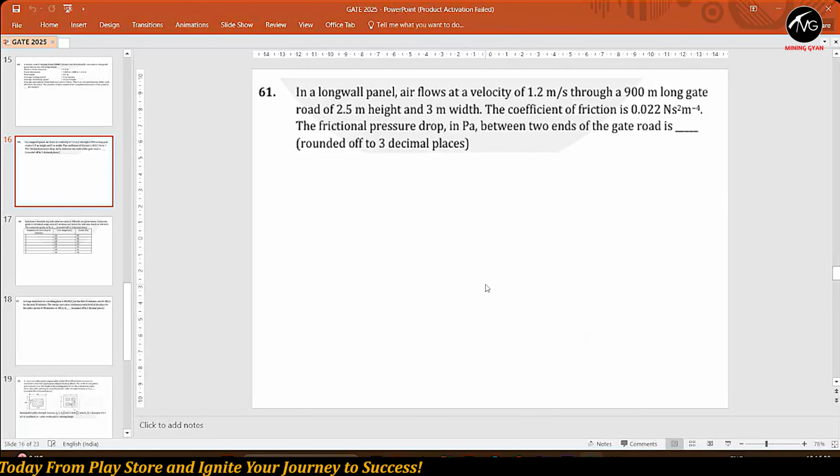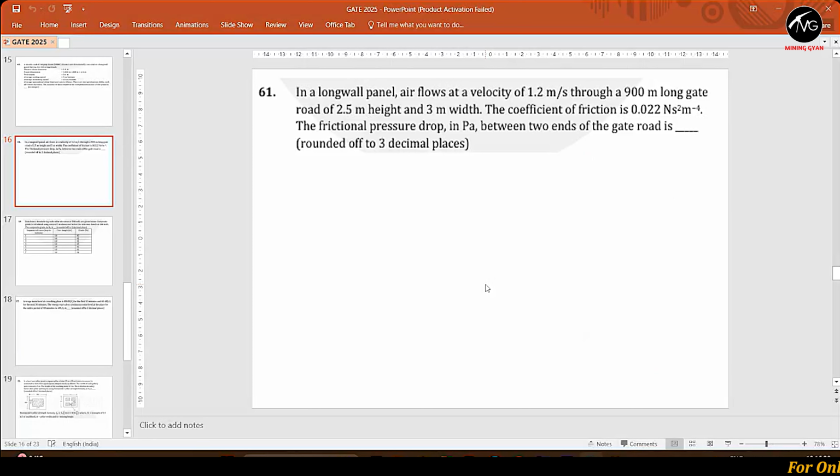Now let's see this question. This is another question. It is a very good one. Now what does this question say? There is a Longwall panel.